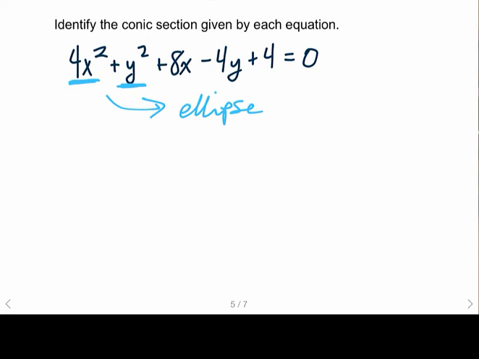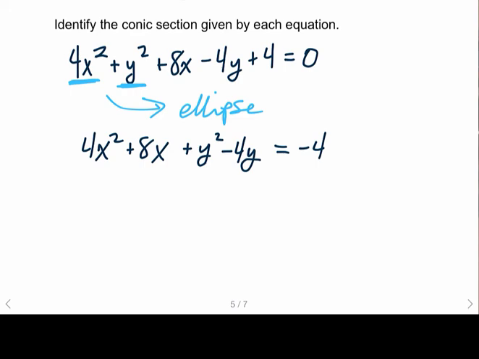Now, it may be tempting to say, hey, I know which way it's oriented, on its side, on its end. No, not yet. What we would need to do to perform that analysis is lump together the terms that contain x, so 4x squared plus 8x, and then lump together the terms that contain y, so plus y squared minus 4y, and then subtract 4 from both sides, so it equals negative 4.